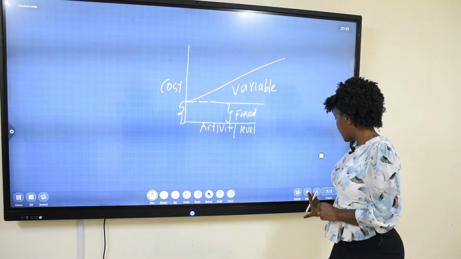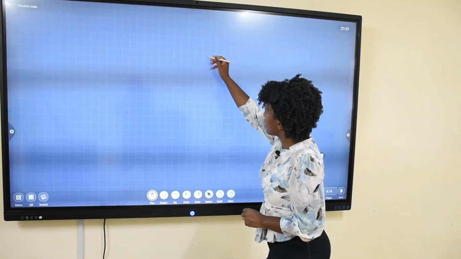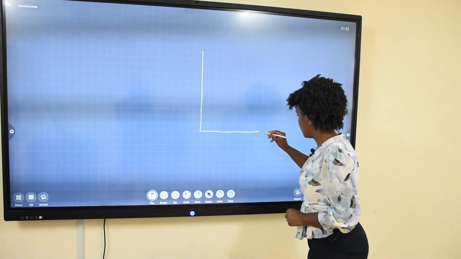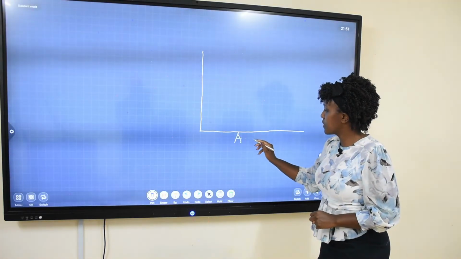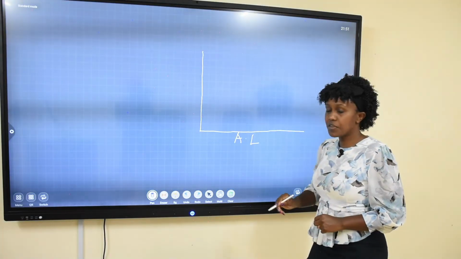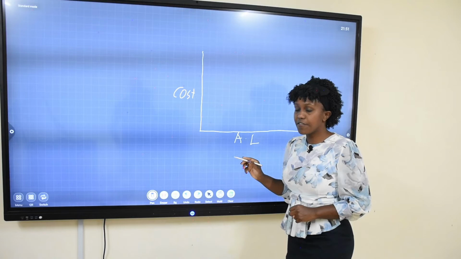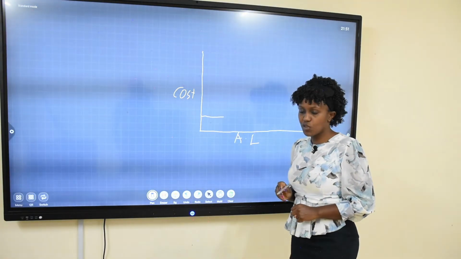Now, again, we can also project the step fixed cost, as we have mentioned. So the step fixed cost, having activity level here and having the cost here, we are saying this is a fixed cost that remains constant within a certain range of activities.